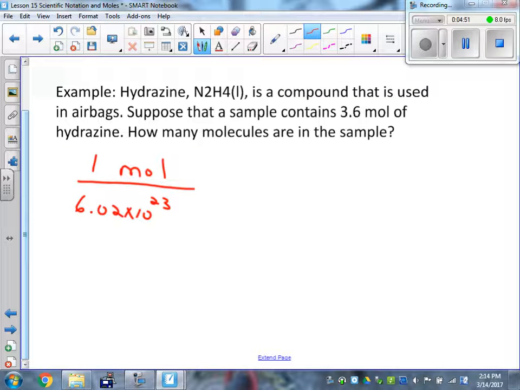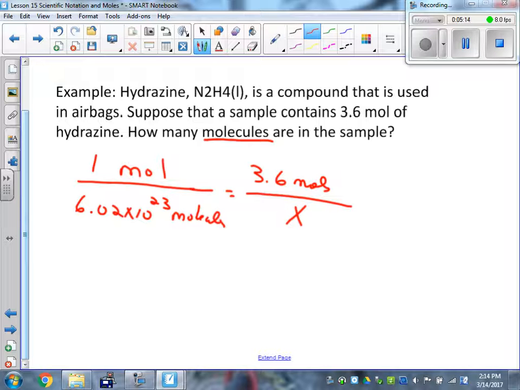In this case it says how many molecules? So if 1 mole is 6.02 times 10 to the 23 molecules, how many molecules would 3.6 moles work out to be?